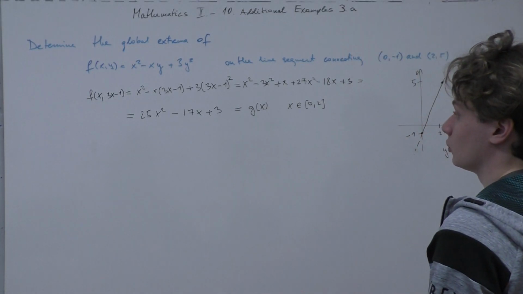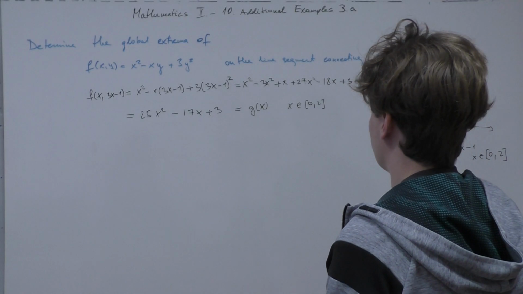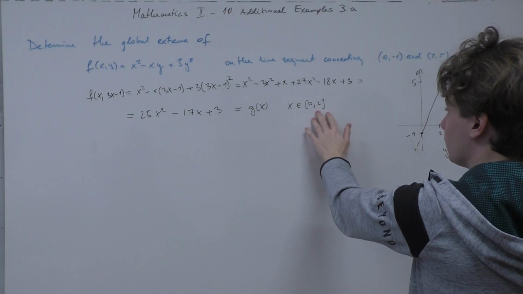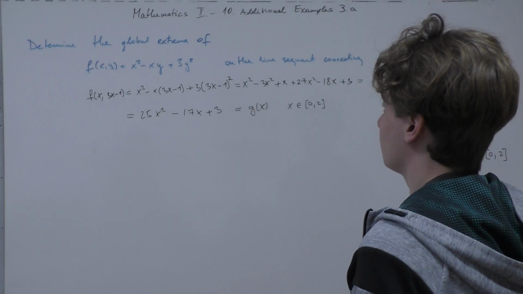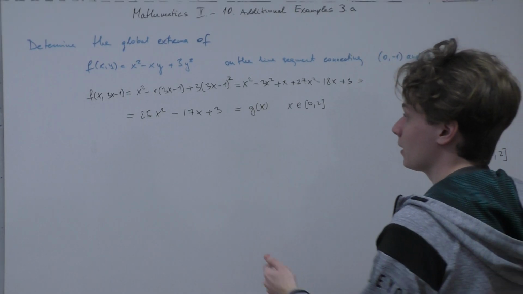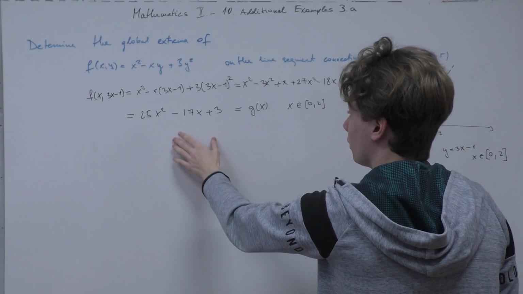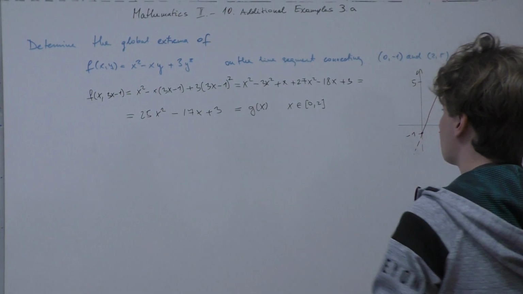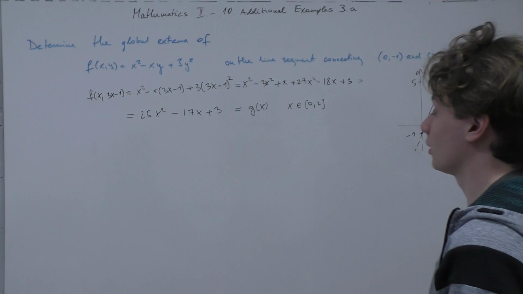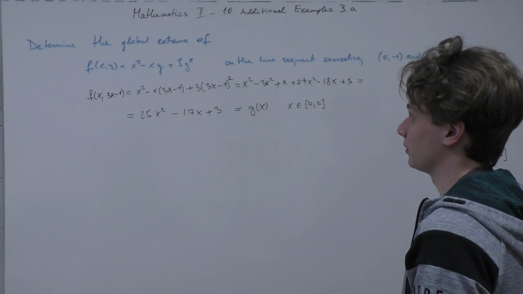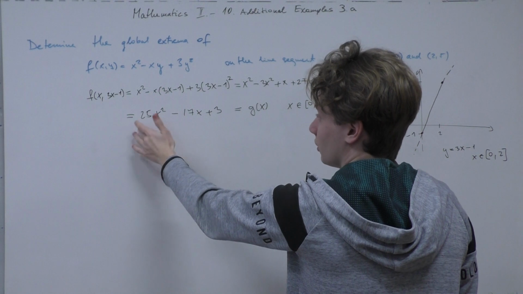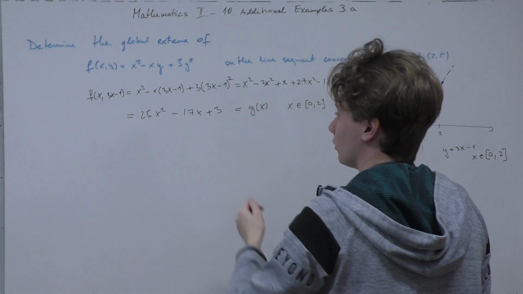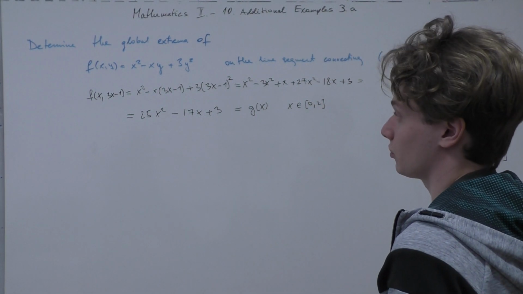So you know that a one variable function on a closed and bounded interval takes its global extrema at an inner critical point or at the endpoints. Well, we can calculate the derivative to find the inner critical points, but you can see that this is just a quadratic function, so we can just draw its graph.